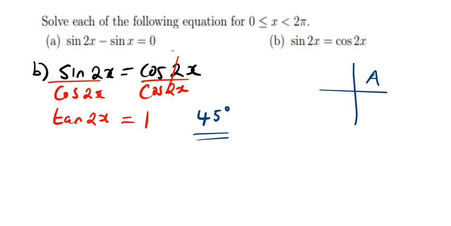So what are we going to do in that region? We're just going to subtract 180 minus 45. If we do 180 minus 45, what do we have?